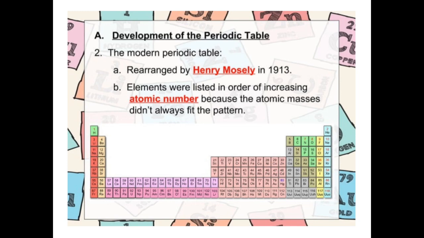Because the atomic masses did not always fit this pattern. For the first, classical periodic table, they were arranged based on atomic mass, but the modern periodic table is arranged based on atomic number.